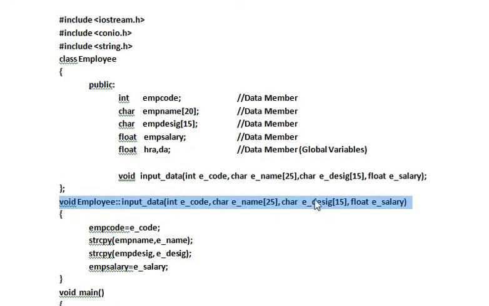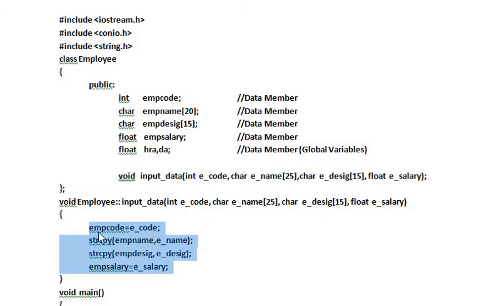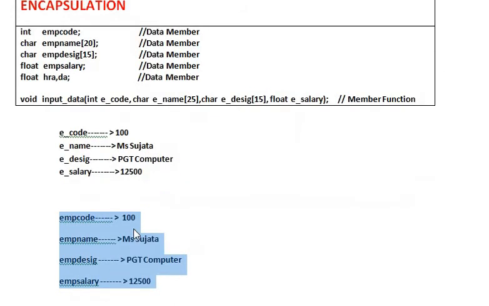And from these parameters, the same values get copied into the data members EMP code, EMP name, EMP desig and EMP salary, which were assigned to the parameters eCode, ename, edesig and eSalary. So look properly, they are exactly the same.